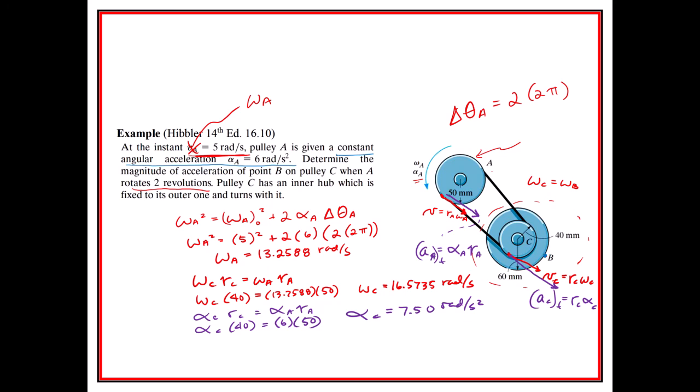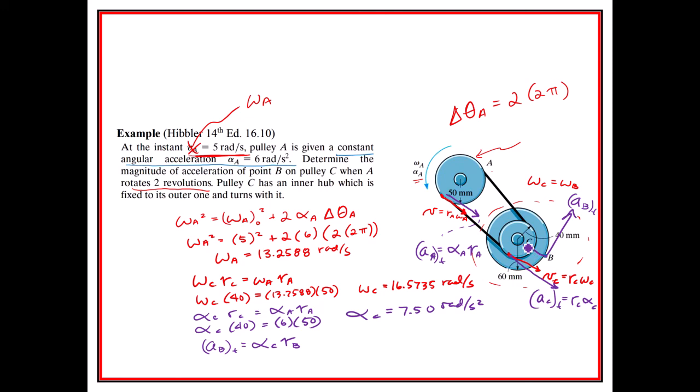And let's see. Now we could say that the tangential acceleration of B is going to be alpha, and we'll call it C, but now it's going to be R_B, right? So that's going to be anywhere on here, this tangential acceleration.